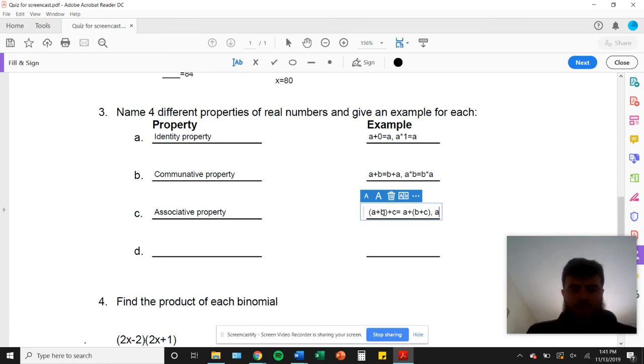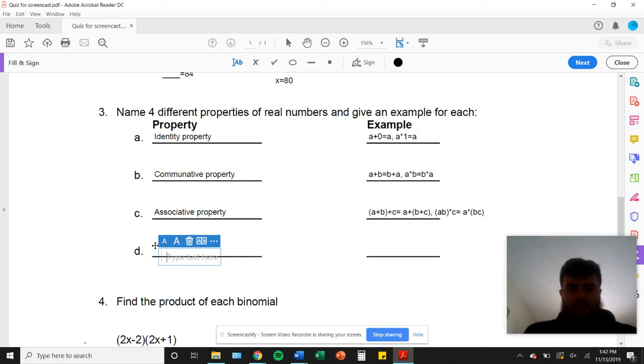And multiplication looks like this: A times B, in parentheses, times C equals A times B times C in parentheses.